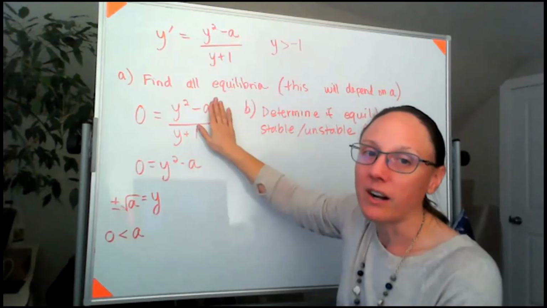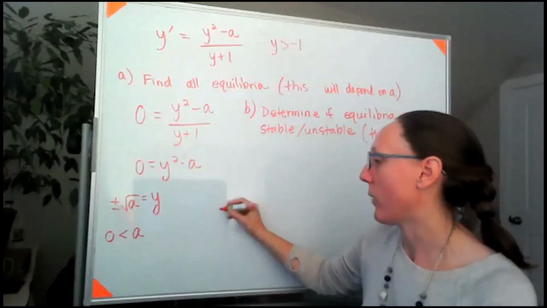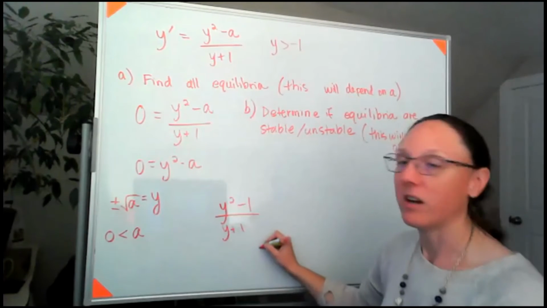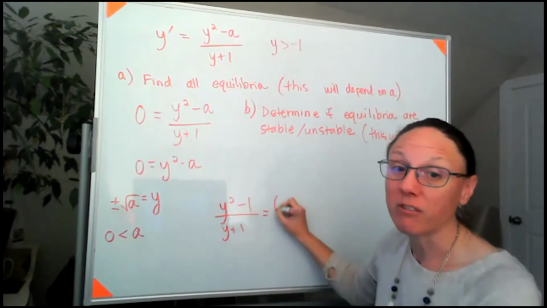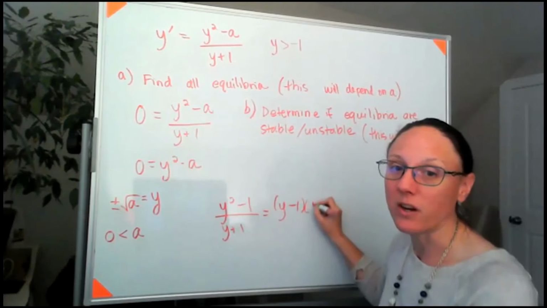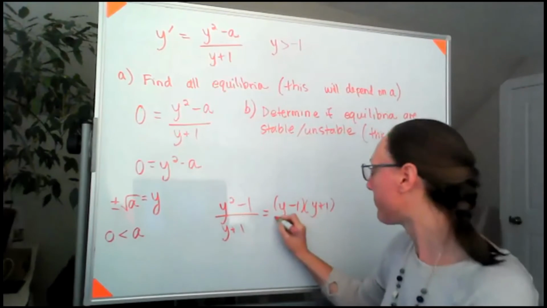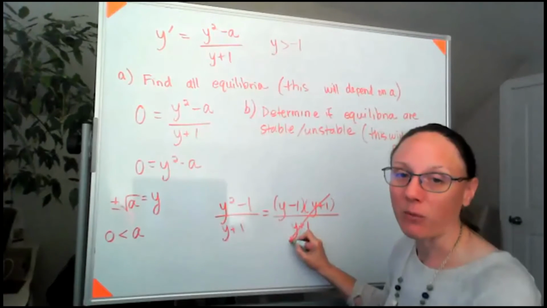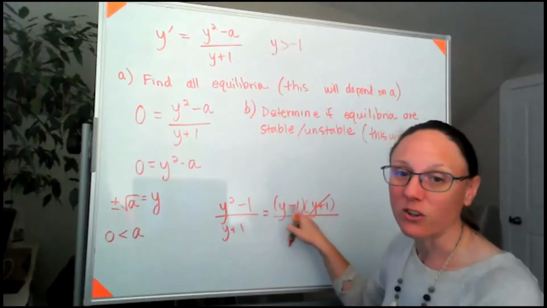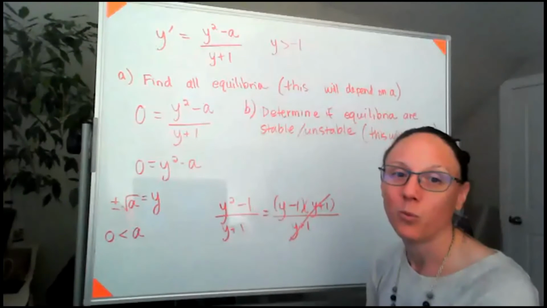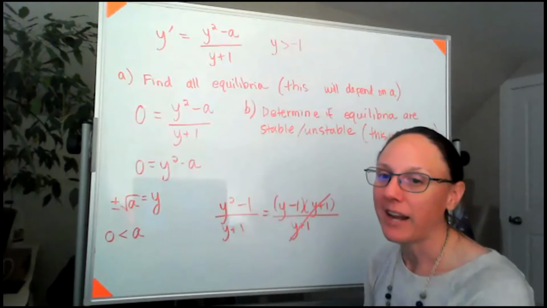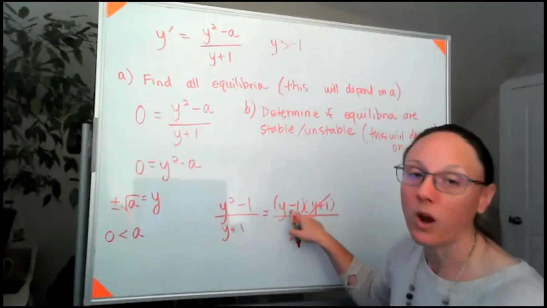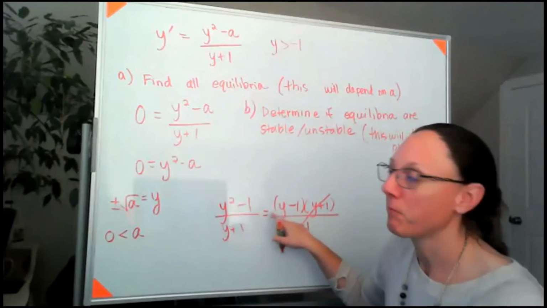So if the top said y squared minus 1 over y plus 1, then that top would actually factor as y minus 1 times y plus 1 all over y plus 1. And that would go away, and this would just look like y equals 1. So again, we wouldn't have two solutions. We'd really only have one equilibrium at that point.